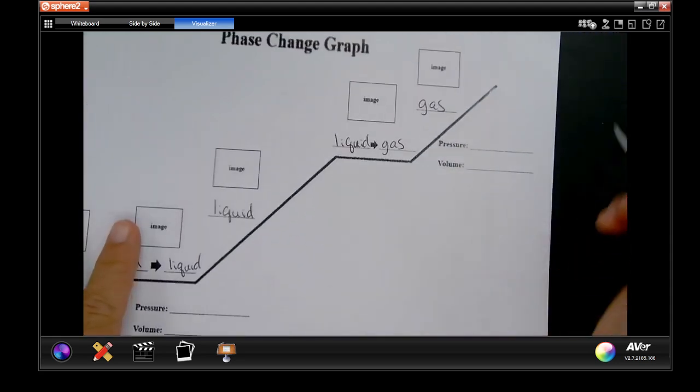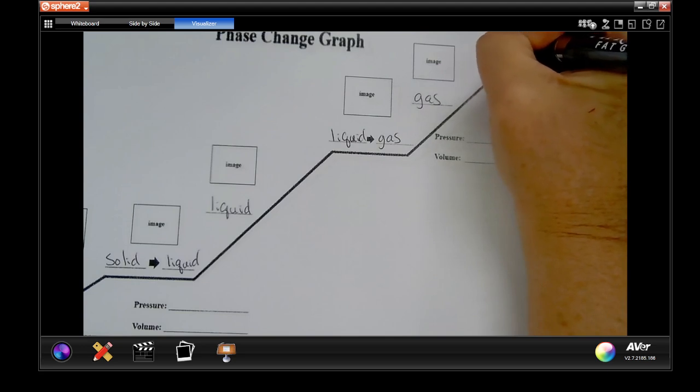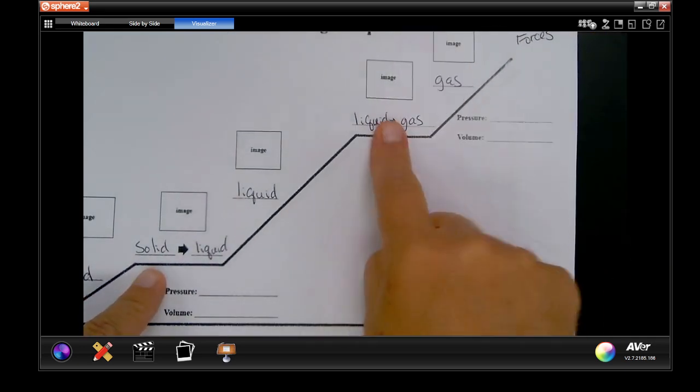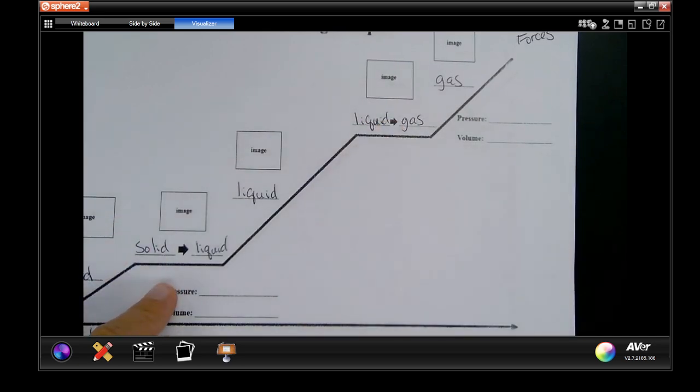When we get to a gas, though, at the end, we are at low IM forces. Okay? Because we broke them here and here. We added that energy. That energy is going in. One of the concepts you guys are going to have to remember is energy cannot be created or destroyed. Right? It has to go somewhere.